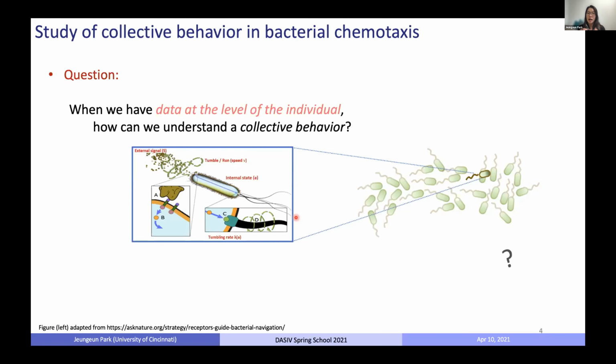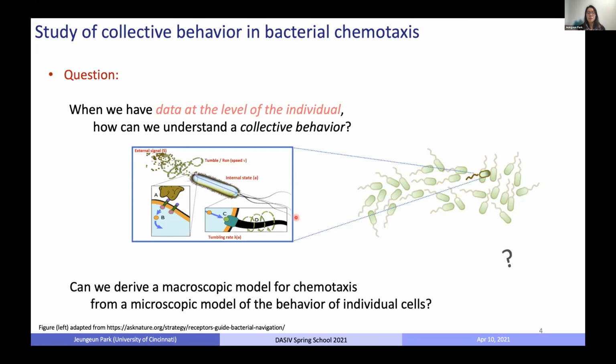This is the question I want to answer. In other words, I want to derive a macroscopic model for chemotaxis from the microscopic model of the behavior of individual cells.